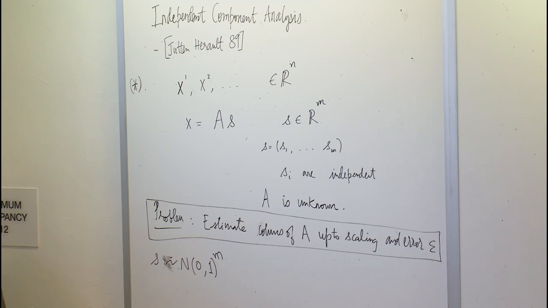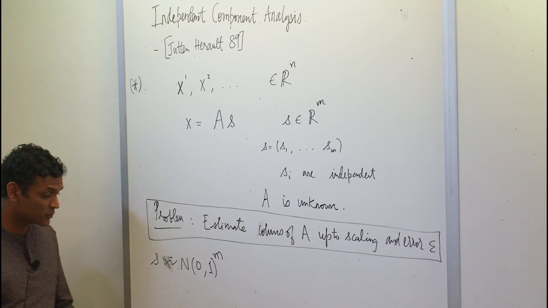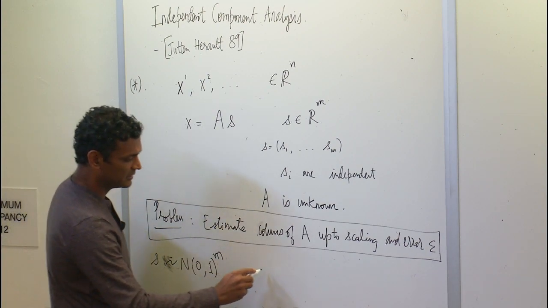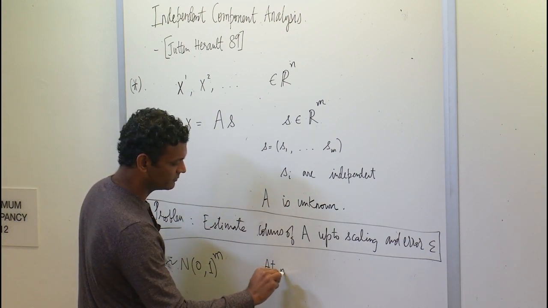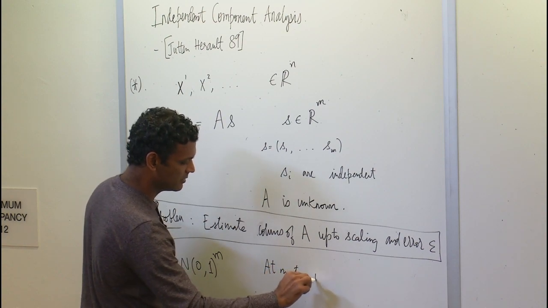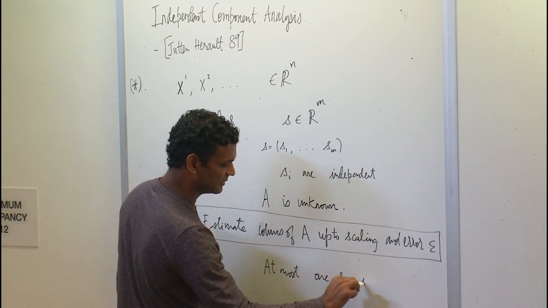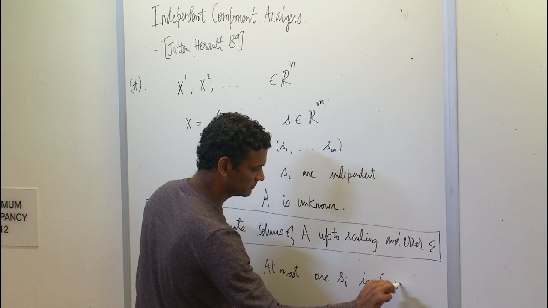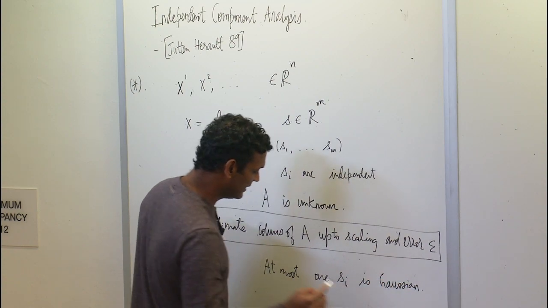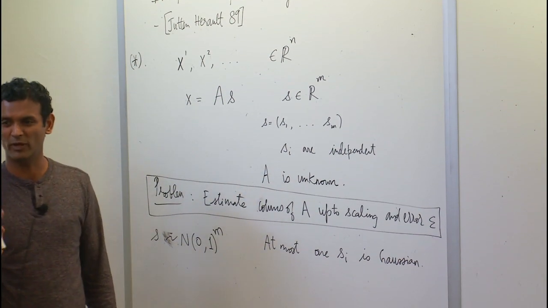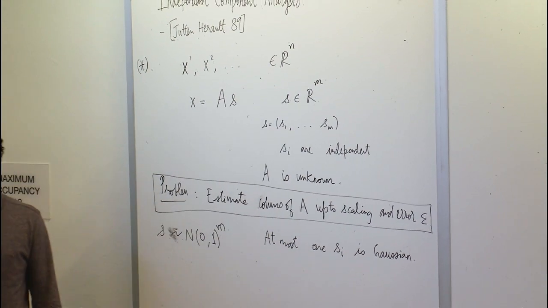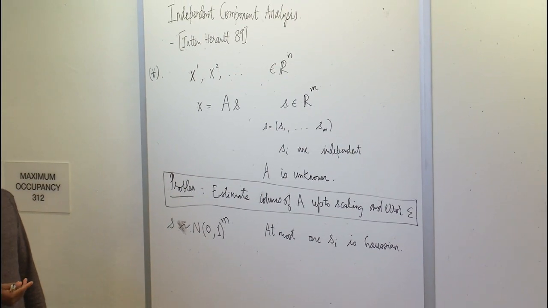It's unique up to rotations only. So we cannot avoid Gaussian. So we make one additional assumption, which is that at most one s_i is Gaussian. And the others are different from Gaussian in some way. And we'll have to make that precise for an algorithm. But every other coordinate is different from Gaussian in some way.